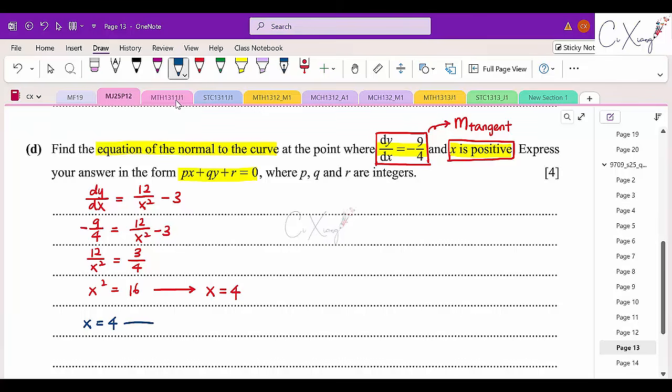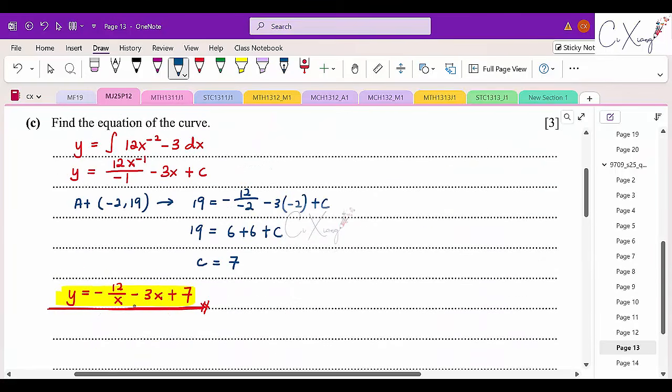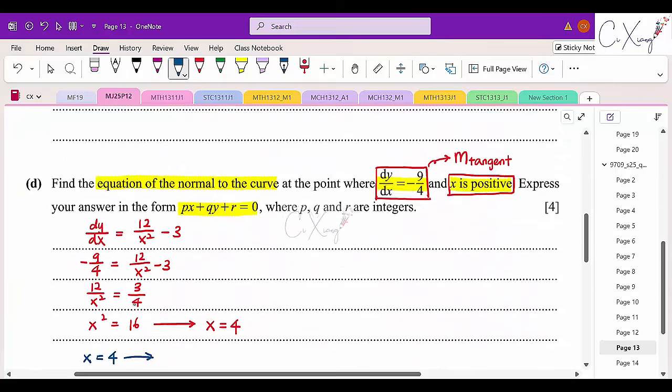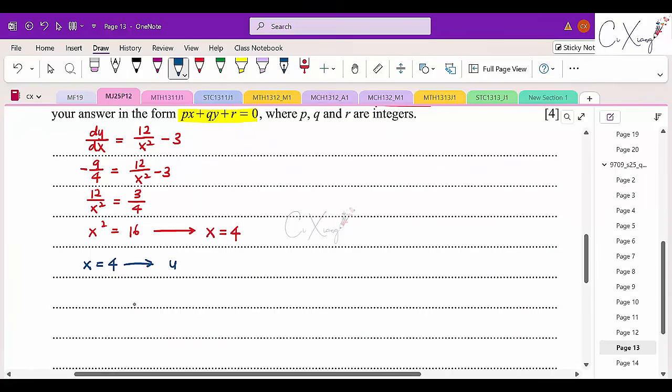How can I get it? Substitute x equals 4 into my equation of the curve. So y equals negative 12 over 4, minus 3x, plus 7, and if you simplify this, you get negative 8.